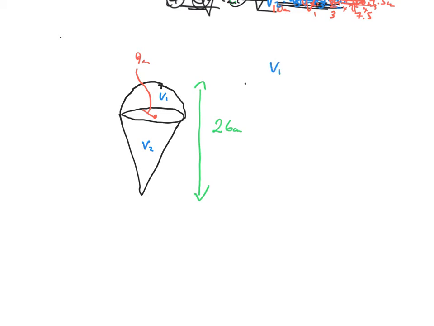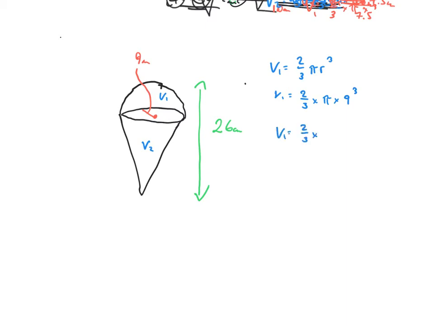So V1 is a hemisphere, 2/3 pi r cubed. 2/3 times pi times the radius cubed. So is that the diameter or the radius I've been given there? Well, it goes from the centre to the outer edge. That's definitely the radius. The radius is definitely 9 cubed.